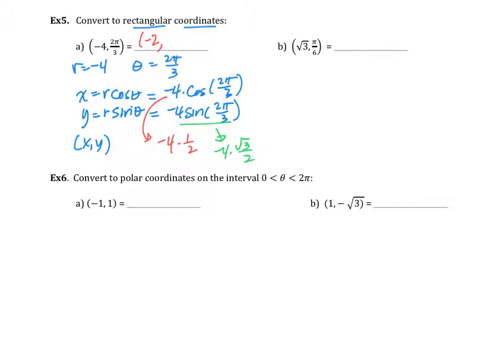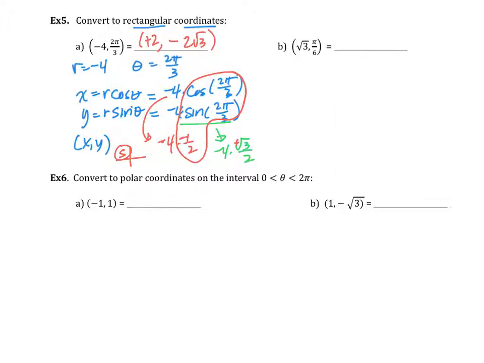And so we get -2√3. Now I made an error here. Hopefully you guys know what error I made. Cosine of 2 pi over 3 should have been a negative because that's in my second quadrant, right? And only sine is positive in my second quadrant. So I knew that as soon as I made this positive, I started to think about it. So negative times negative, this should be a positive. So it's 2 comma -2√3.